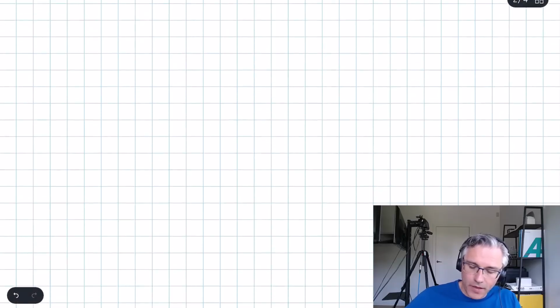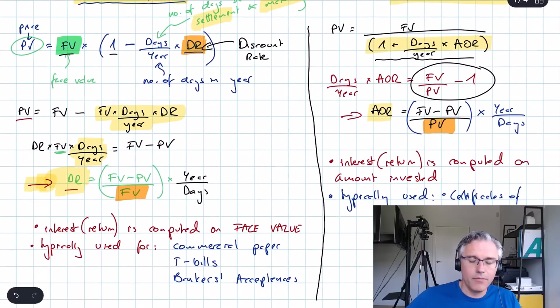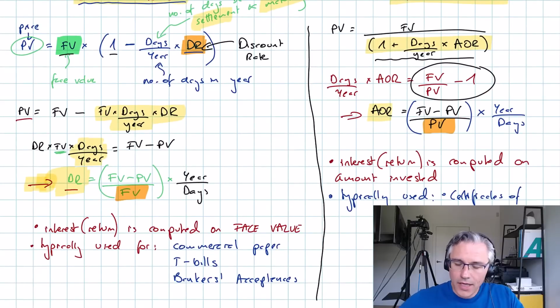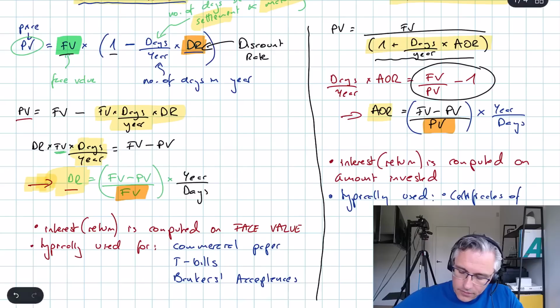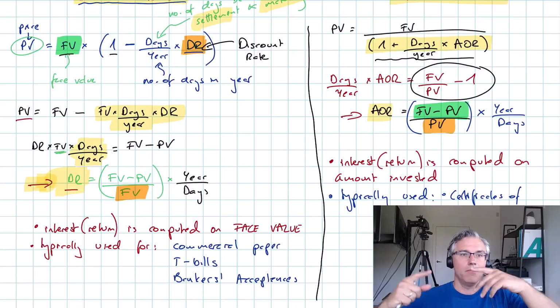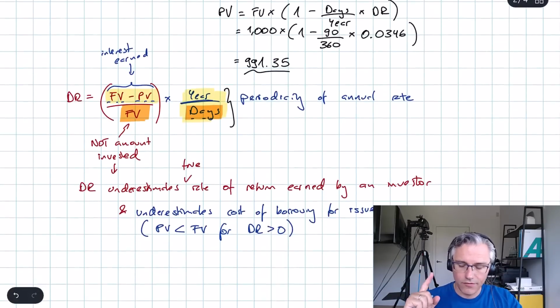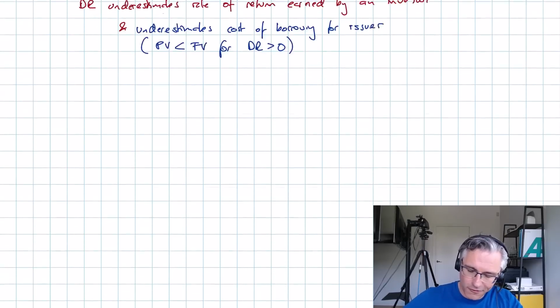Well, let's go back. Unfortunately, you have to be quite good with these formulas, but look, this was the intuitive formula. To compute AOR, you take the interest earned, the difference between face value and the price paid for the security, divide by the price paid, and scale up by a fraction that expresses year over days, but you have to now use a 365-day year.